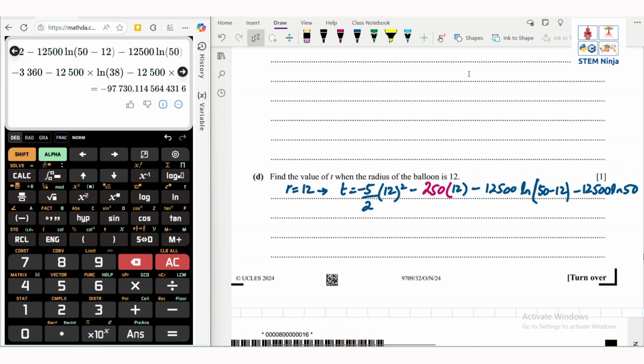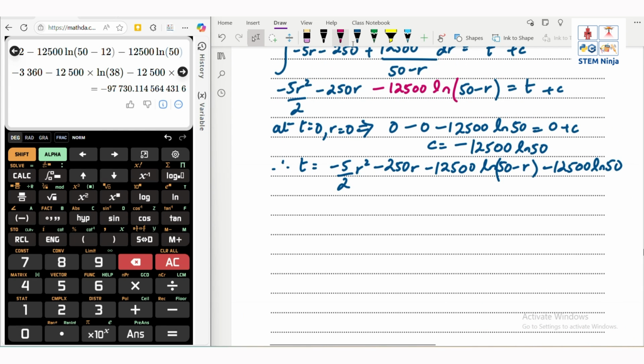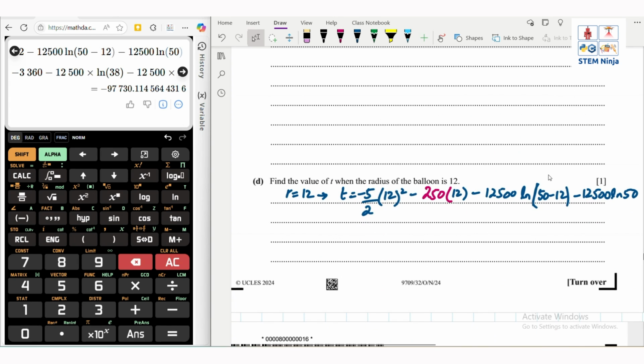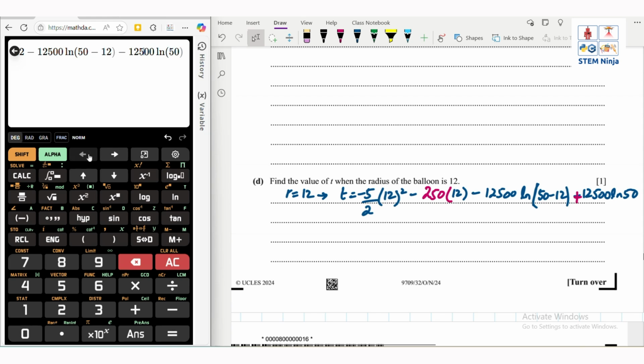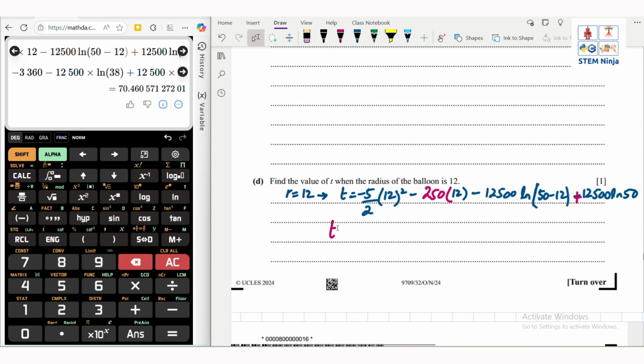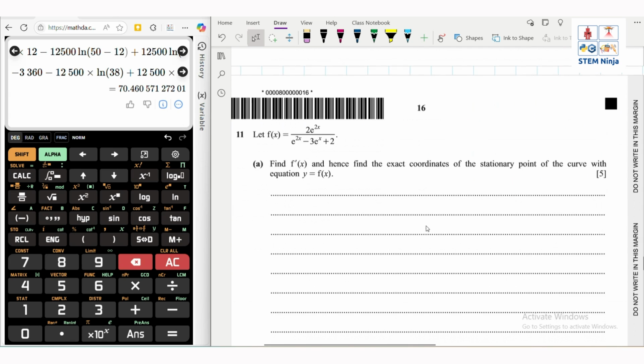Wait, did I make a mistake over here? Oh, c was already negative, so over here it becomes positive. So the last term is positive. So t is going to be 70.5. That's it. All right, moving on.